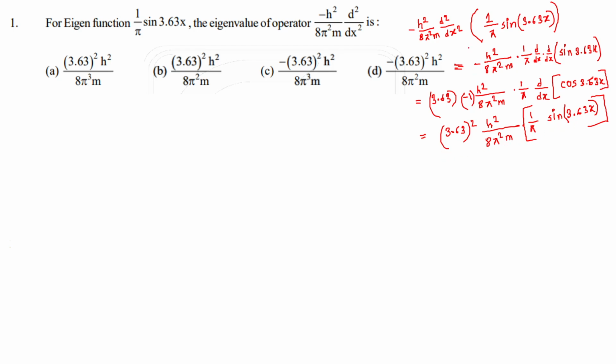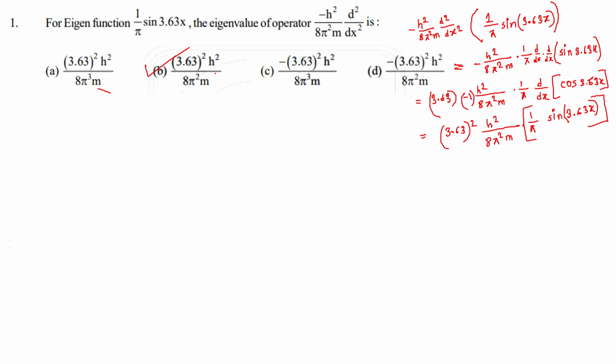So obviously you are operating the operator on the eigenfunction, you are getting back your eigenfunction, and this is your eigenvalue. Now check out of these 4 which is your eigenvalue. You have to have 8 pi square m in the denominator. You have it in b and d, but in d you have a minus 3.63 square. That is not correct. So actually your b option is correct, 3.63 square h square by 8 pi square m. So that's how you do it.